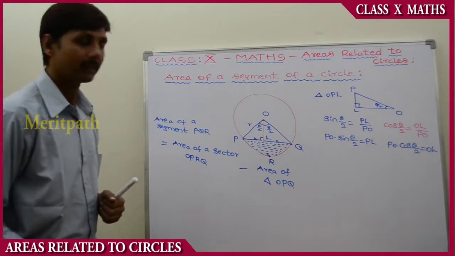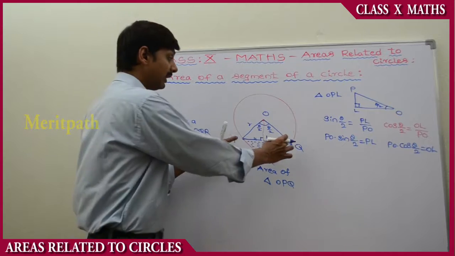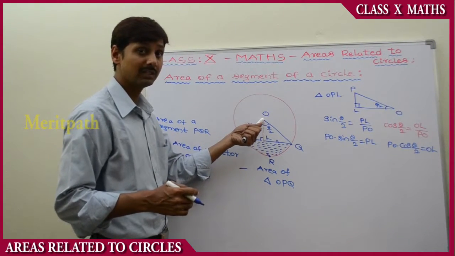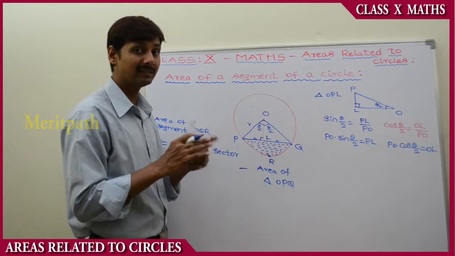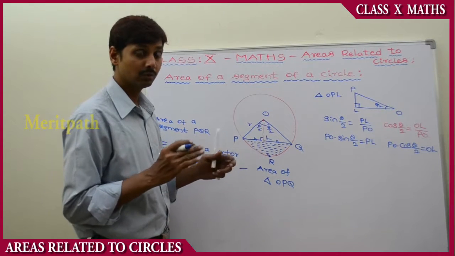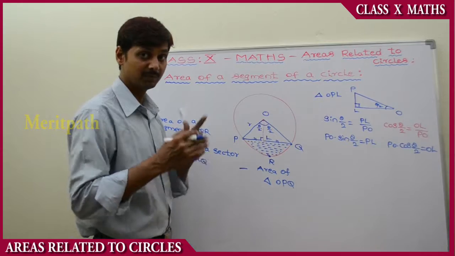So when we find 2 times PL, we will be getting PQ. Just now we discussed that a line drawn from the center to a chord bisects the chord. So it becomes 2 parts.